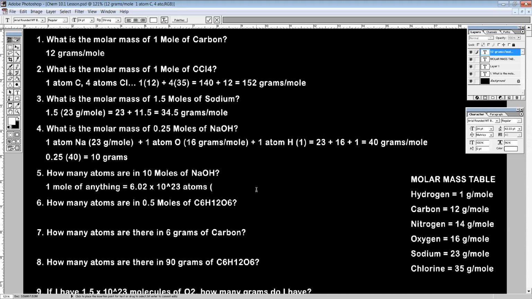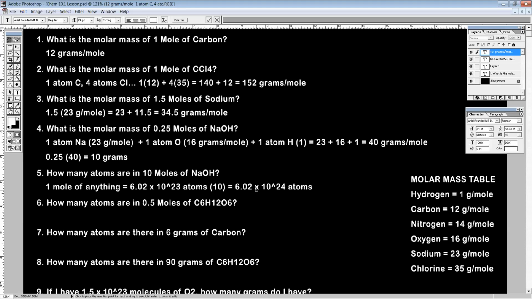So we would multiply that by 10, and our answer is going to be still 6.02, but we're going to raise the factor by 1 order of 10. So we've got 10 to the 24th atoms in 10 moles.